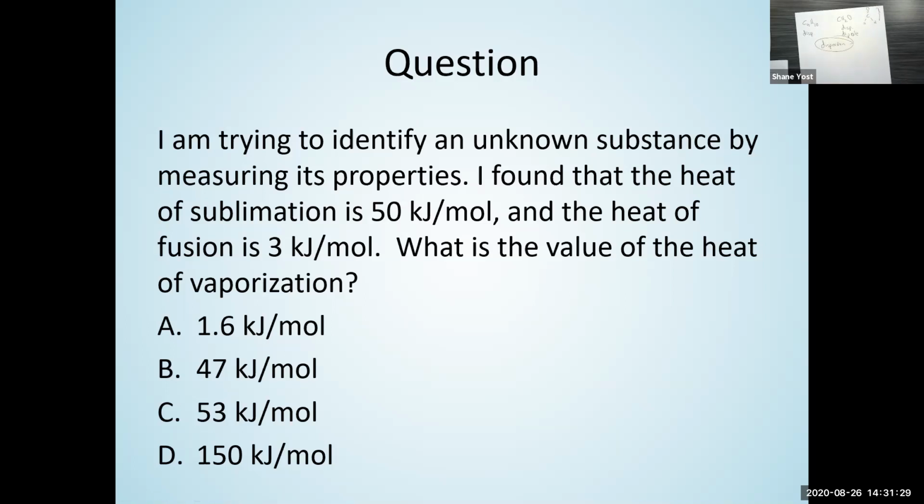When thinking about this problem, if you're not sure what the relationship between these things is, think about what sublimation is, what changes in state we're incurring, going from what to what. For fusion, we're going from what to what, and for vaporization, we're going from what to what, and then try to relate those three changes.